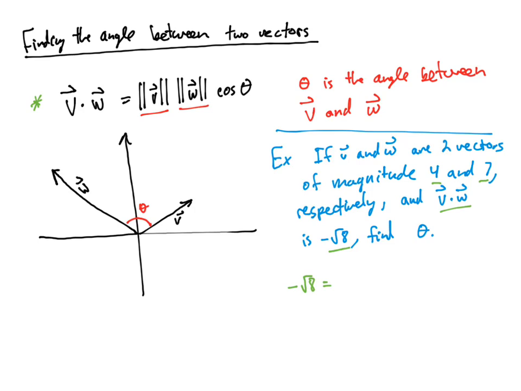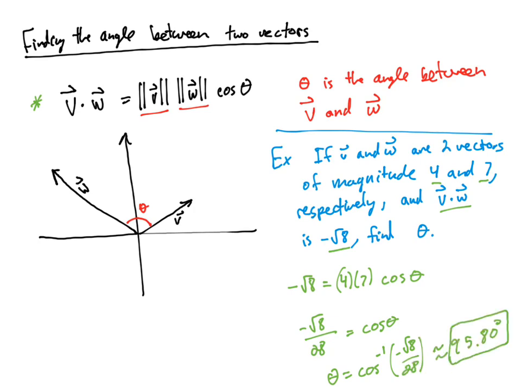We have the magnitudes of each vector, 4 and 7, so we're going to do 4 times 7, and then cosine of theta. So 4 times 7 is 28, so I have negative square root of 8 over 28. That's equal to cosine of theta. So to find theta, we're going to say theta is equal to cosine inverse of negative square root 8 over 28.